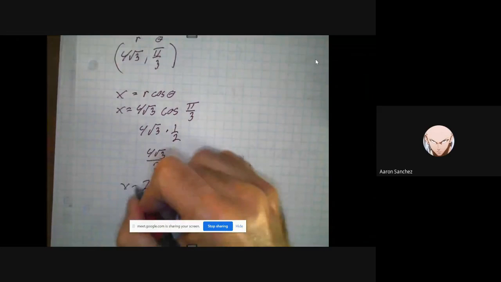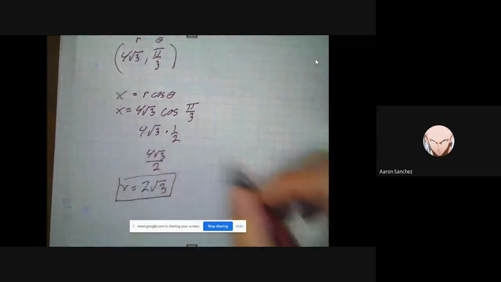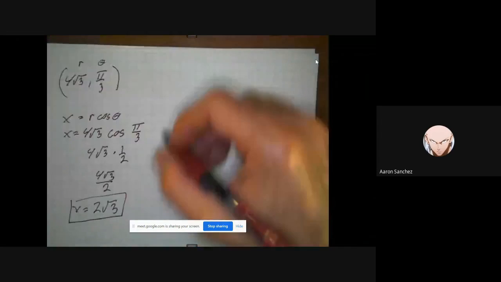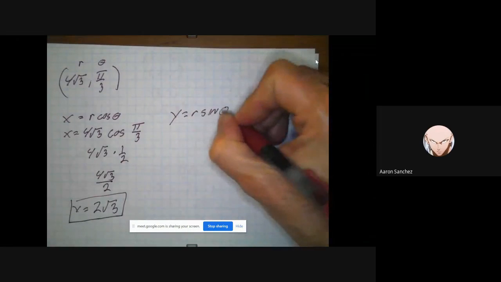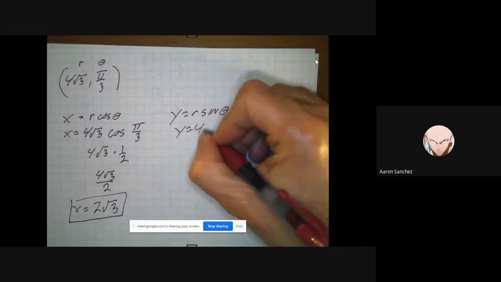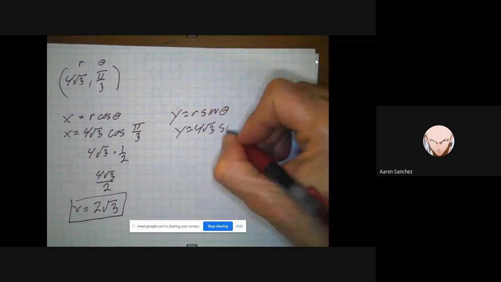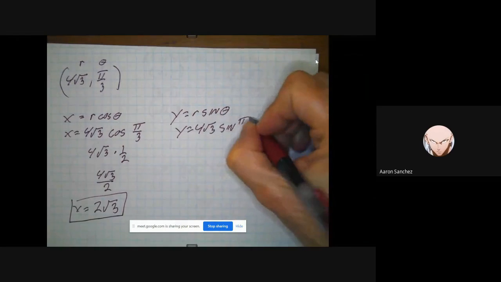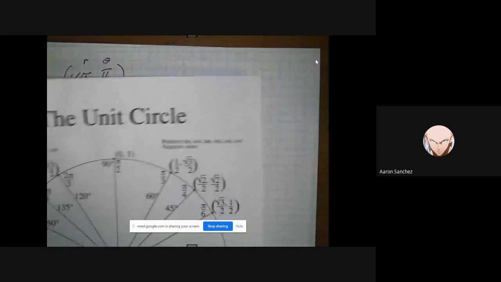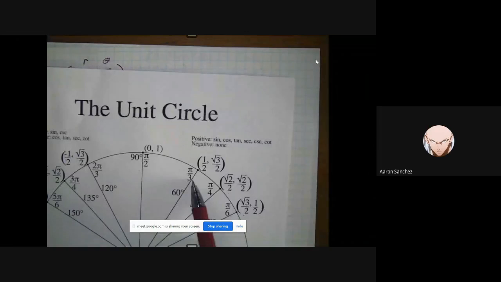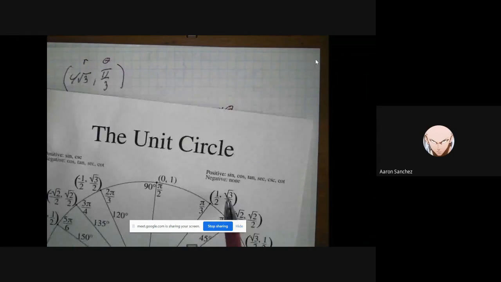There's my x coordinate. Let's solve for the y coordinate. Y equals r times sine theta. Y equals 4 root 3 times sine pi over 3. So let's find the sine of pi over 3. We look at the pi over 3. The sine is y, root 3 over 2.